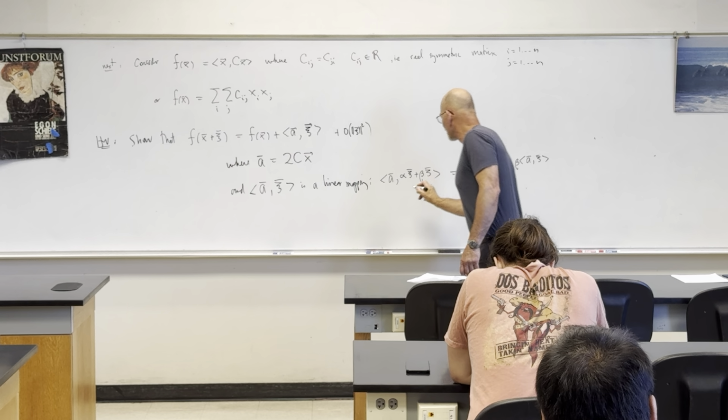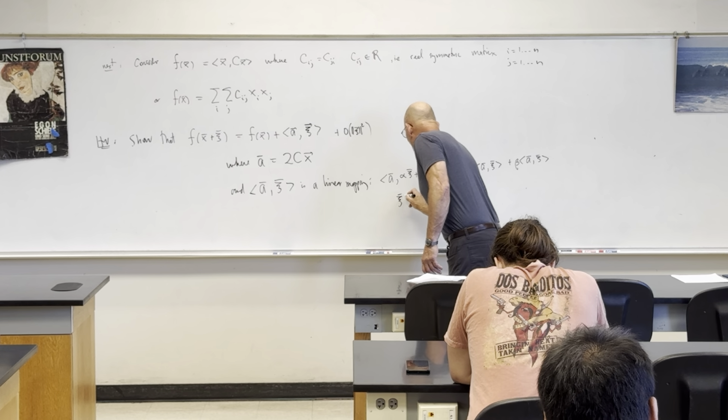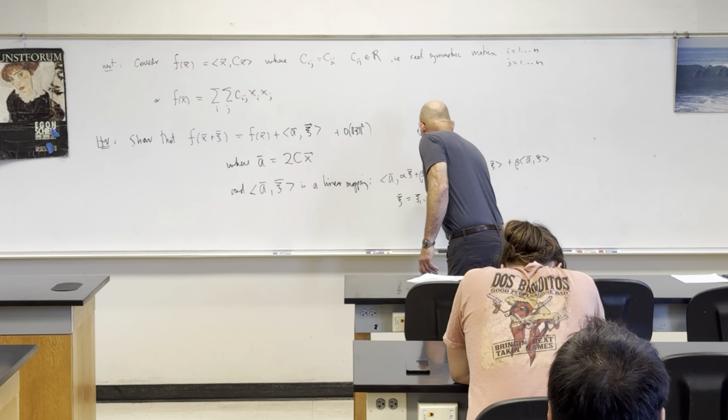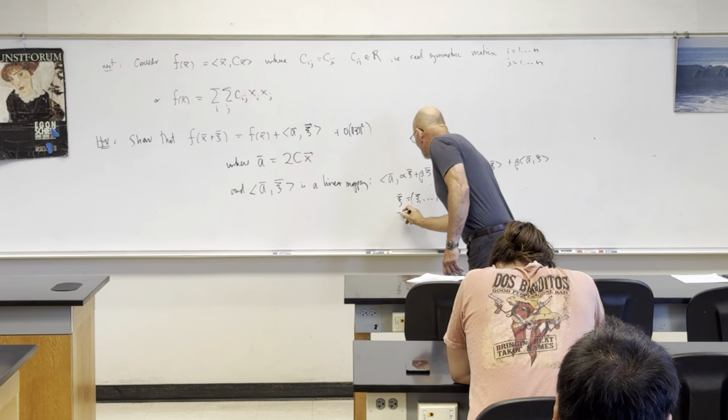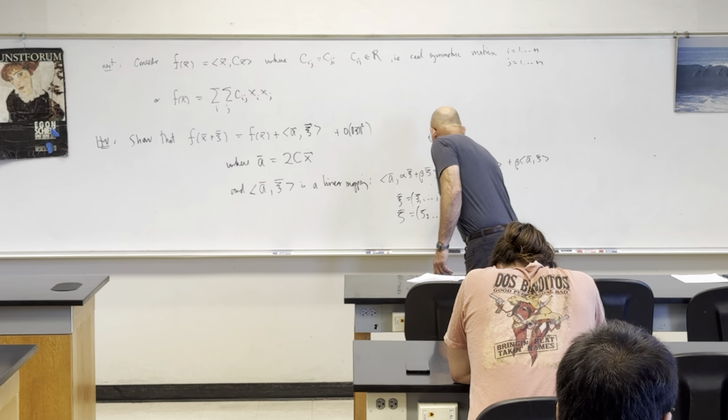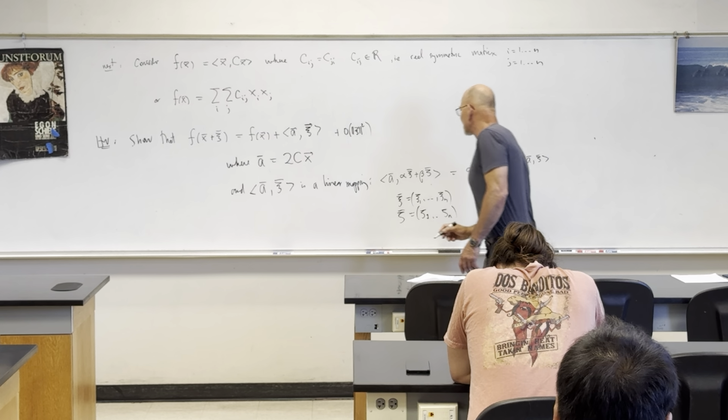So just for the record, the c vector is c1 to cn, and the zeta vector is also zeta 1 to zeta n. So this is a linearization of this quadratic form.